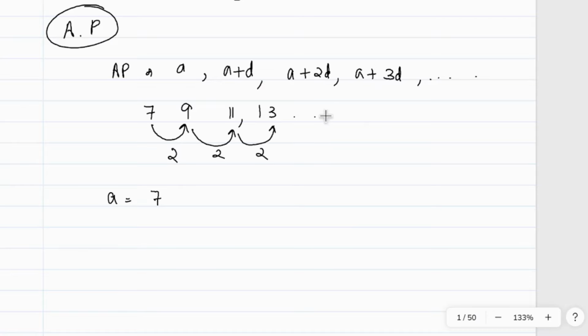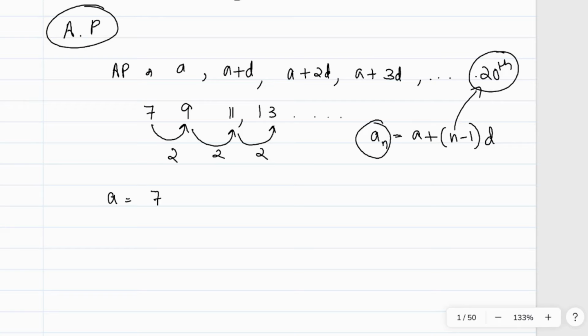We have an equation in order to solve this. If you want to find the nth term of an AP, that is An, it is equal to A plus n minus 1 into D. If they tell you to find the 20th term in this AP, here n is 20.